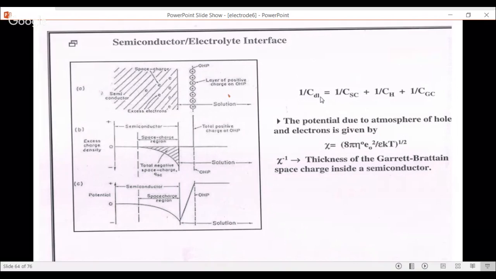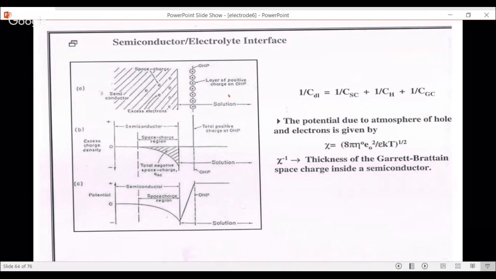When we go to the semiconductor electrolyte interface, the capacitance of the double layer is not only the Helmholtz plane and Guy-Chapman plane, plus the semiconductor solution interface capacitance. This is called the Garrett-Brattain space charge inside the semiconductor.